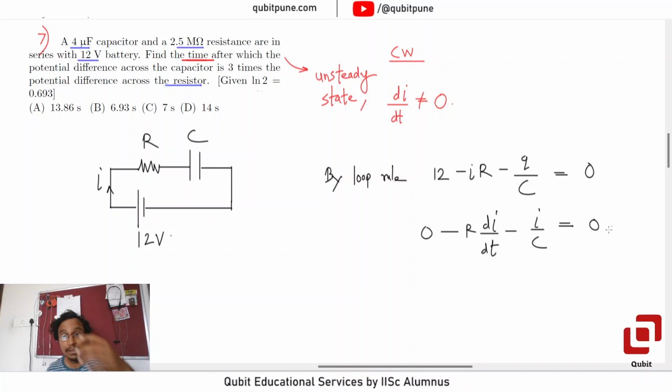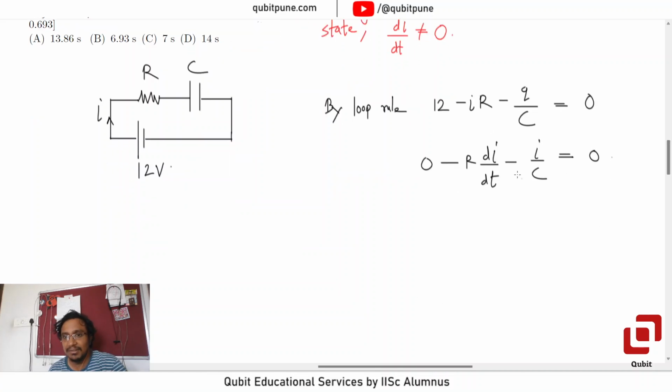Great. Now we can integrate this. Let's take R di by dt to that side. Minus I by C is equal to R di by dt. Bring I here.